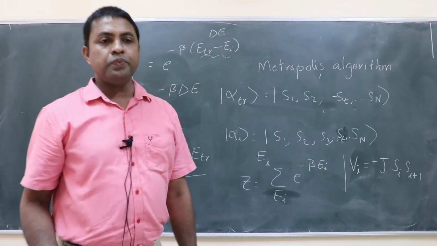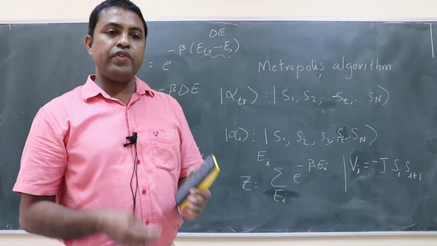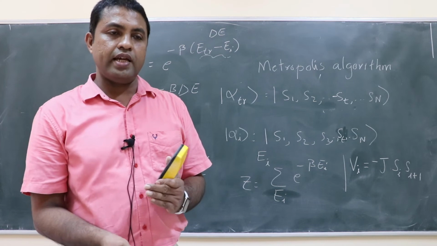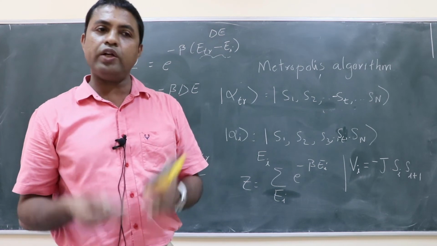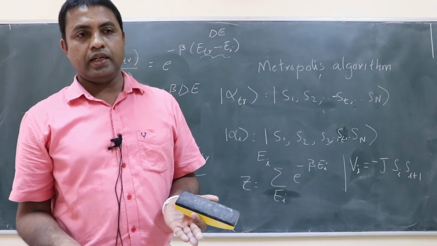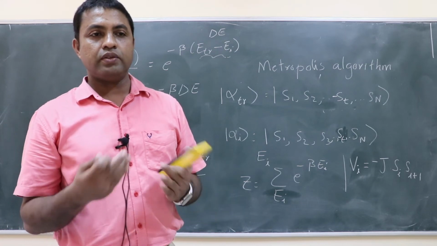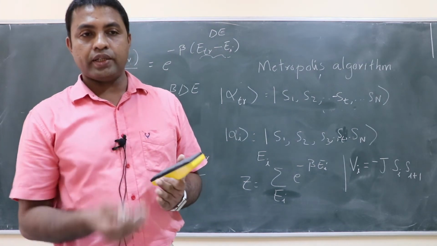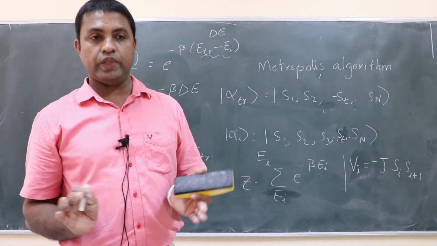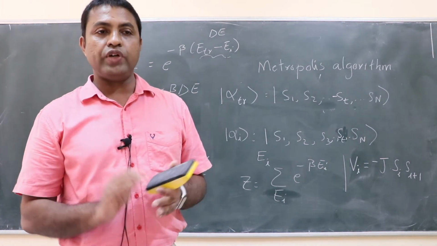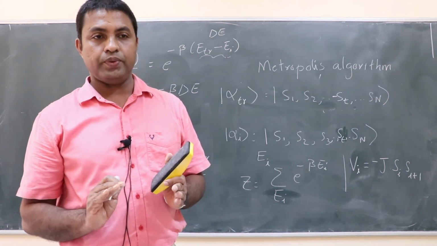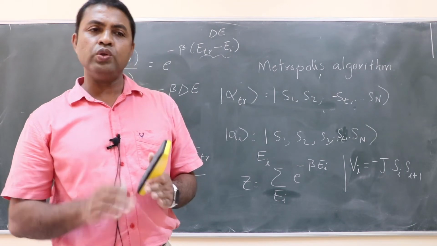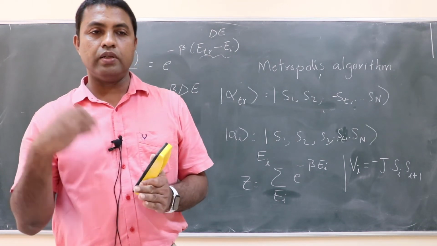So obviously, if the new configuration has a lower energy, you have to accept that configuration because you are going to a lower energy configuration. There is no issue with that. So if delta E is negative, then you accept the flip.